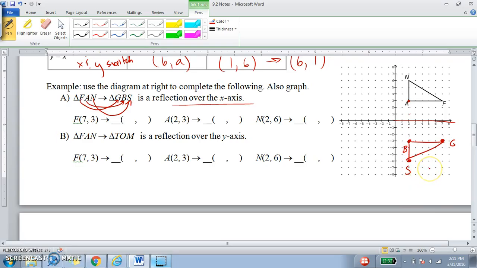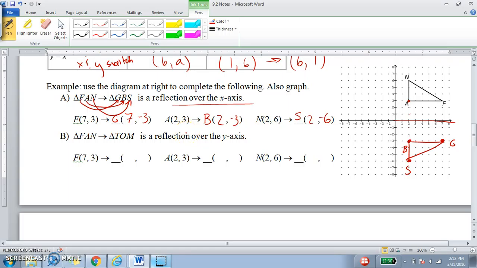Okay, so when we reflect it over the x-axis, those are our points. As we know, the rule is all the x's stay the same, the y's just change signs. So F turns into G, A turns into B, N turns into S, and G would be 7, -3. B would be 2, -3, and S would be 2, -6.